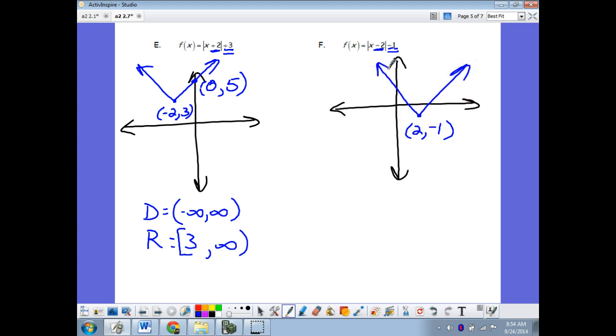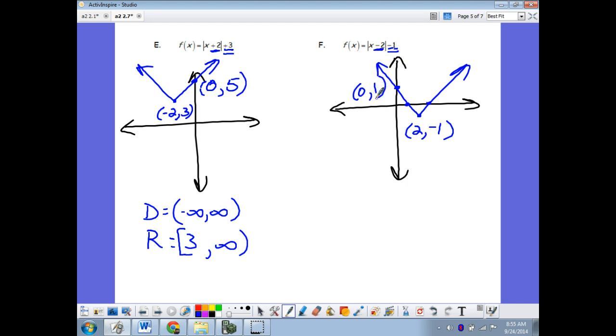Okay. So we have 1 y-intercept to find and 2 x-intercepts to find. So in this case, let's find the y-intercept first. We know the x-coordinate there is 0. So when we plug 0 in for x, 0 minus 2 is -2. Absolute value of that is 2 minus 1 is 1.